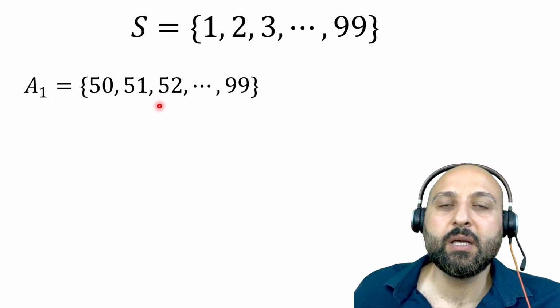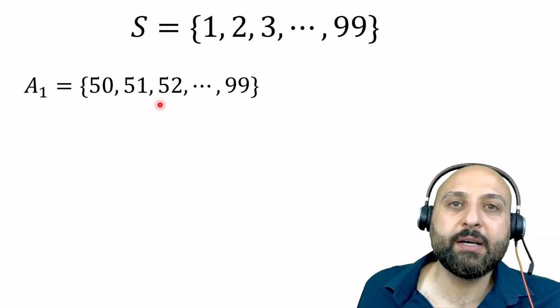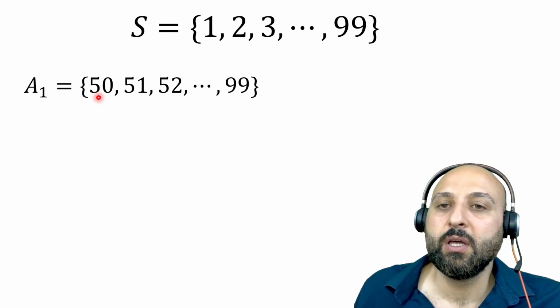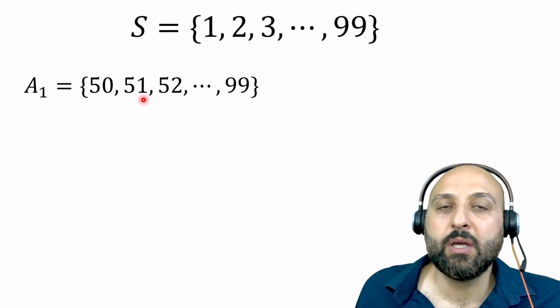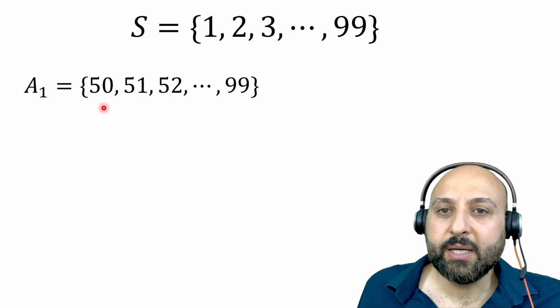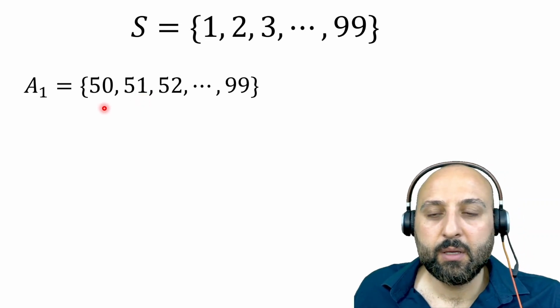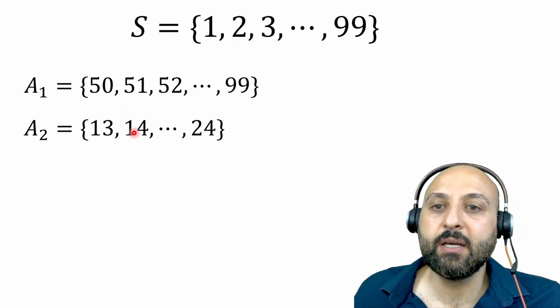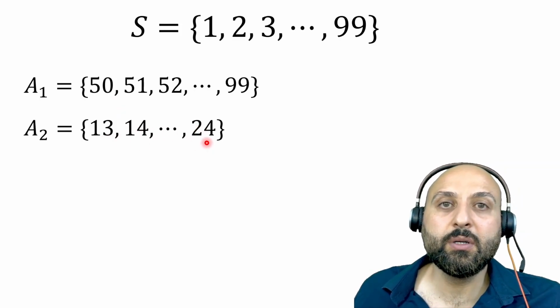Of course, I know that I cannot put, for example, 25 in this subset because 25 multiplied by 2 is 50. I cannot put 26 and so on. But if I select a number that is less than 25, then maybe I can add it to this subset. So I come up with a new idea that maybe I can add from 13 to 24.